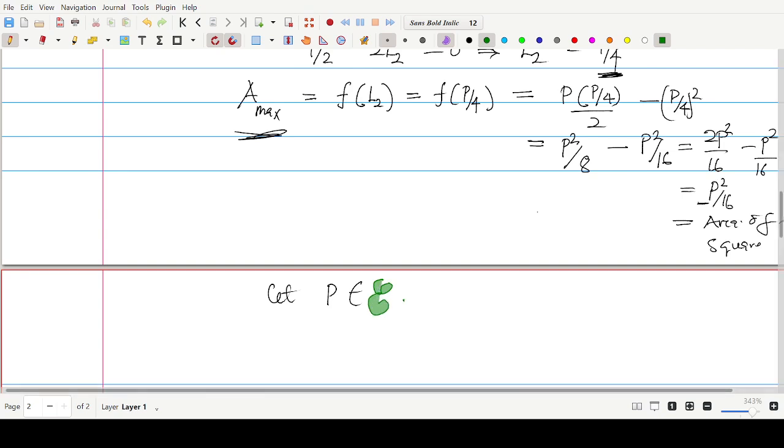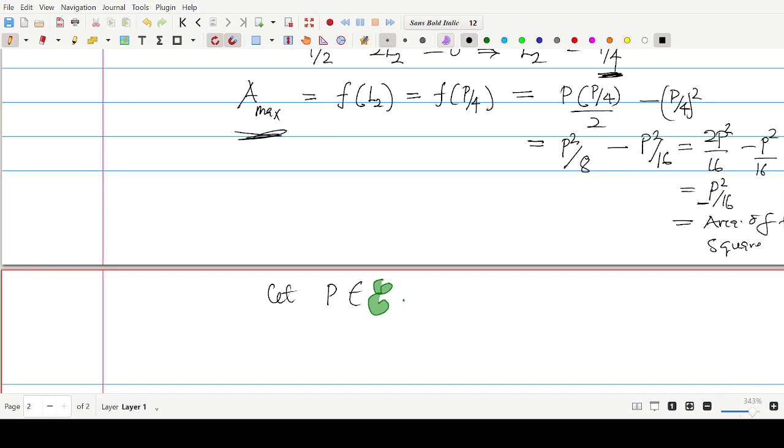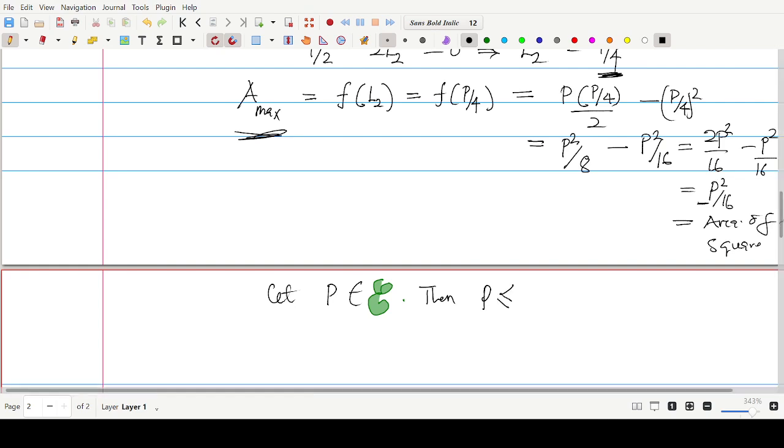Then we are aware that P is less than or equal to P squared over 16. Why? Because we have established this to be the maximum area.